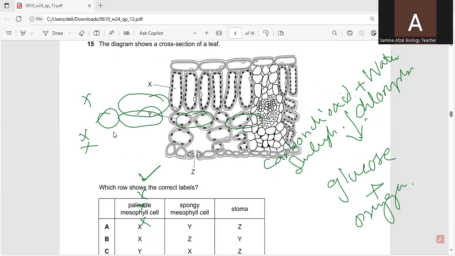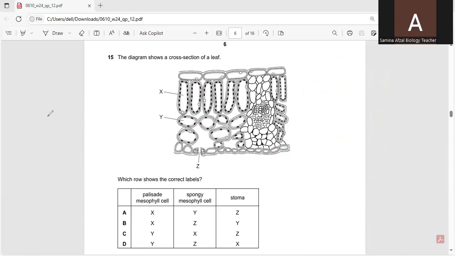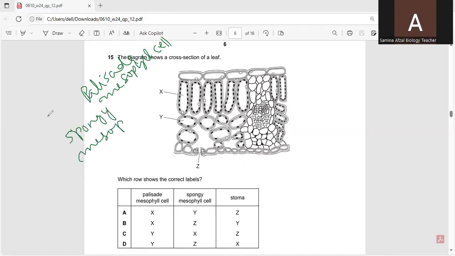Question number 15. And question number 15 is, the diagram shows a cross section of a leaf. X and Y, the three labelings, which row shows the correct labels. X is the palisade mesophyll cell, Y is spongy mesophyll, and Z is the stroma.